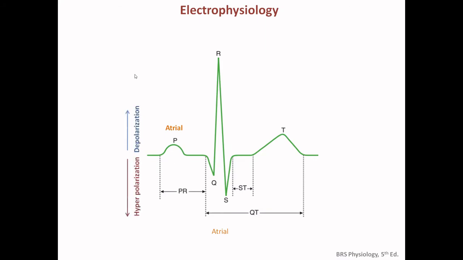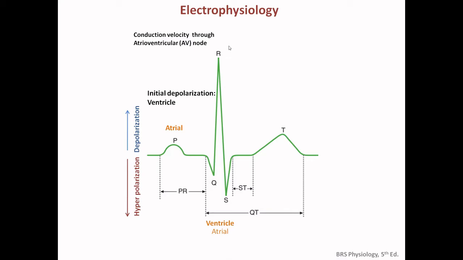So this is the depolarization. It is towards the positive, and this is the repolarization. This is towards the negative. Okay. So from the P to the Q, this is the initial depolarization, and this is the conduction velocity through the atrioventricular node.